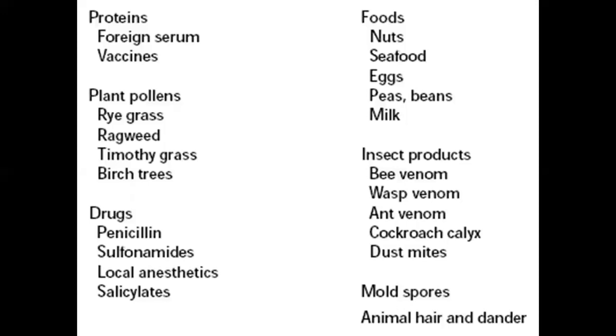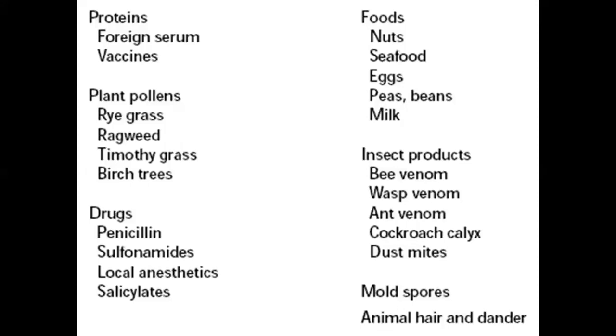So here is a list of all the antigens or the stimuli that can be proteins from the foreign serum even, or vaccines, or any type of medicines. So medicines or drugs can produce hypersensitivity type 1 reaction, like penicillin, like cephalosporin, like any other component in a tablet or a syrup.